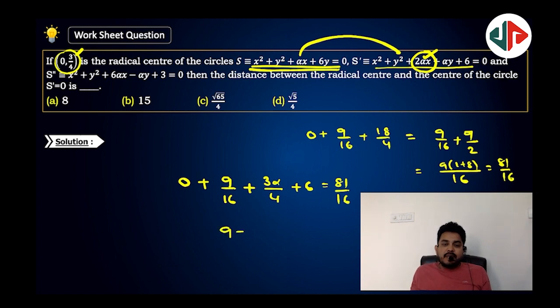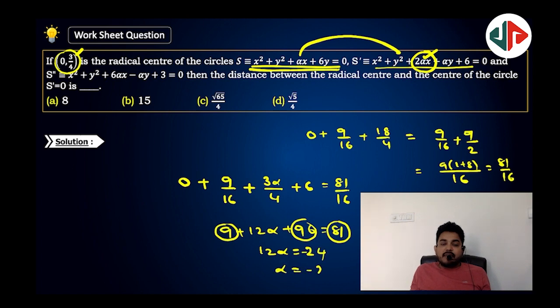So 9 plus 12 alpha, because 4 fours are 16, plus 96 is equal to 81. So 12 alpha is equal to 81 minus 105, which is minus 24. Alpha is equal to minus 2.